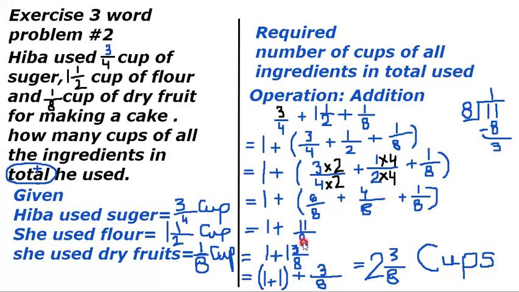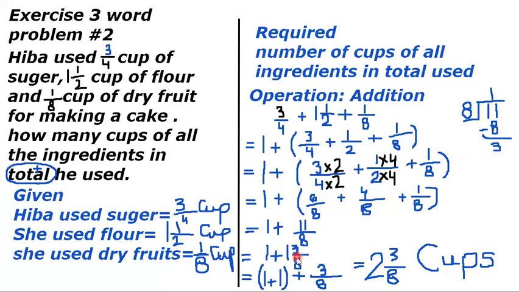So 11 upon 8, an improper fraction, equals 1 whole 3 upon 8. It means that she uses 1 full cup and 3 parts out of 8.